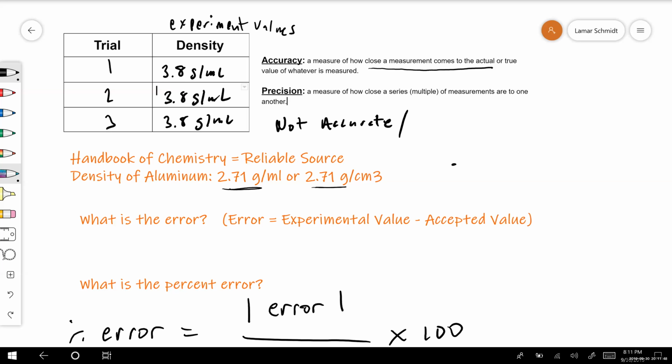As a matter of fact, they're all the same. They don't have to be the same to be precise, but if they are the same, they are definitely precise, but they would have to be close to one another. And so this is precise.